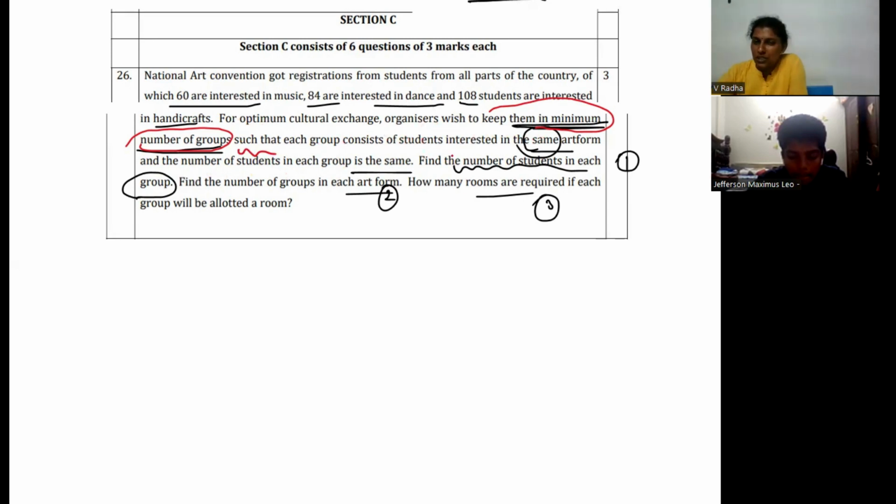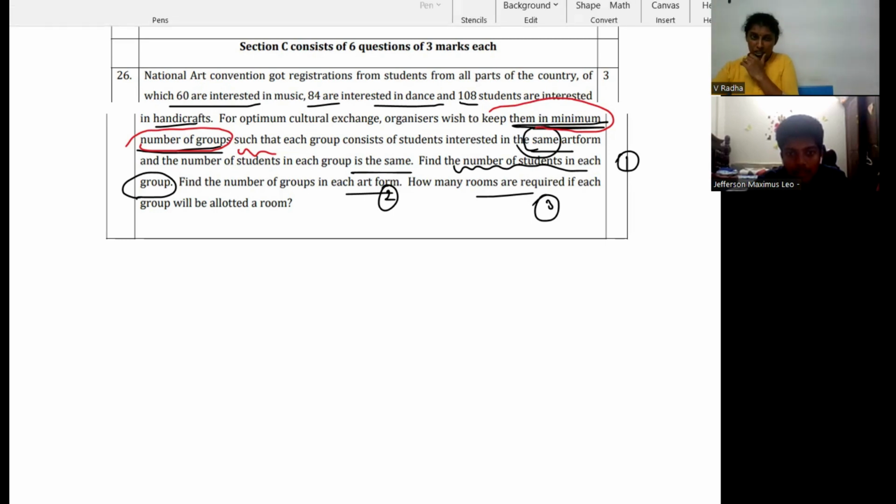Each group consists of students interested in the same art form. So when we divide the groups, the members in a group must be of the same category. And find the number of students in each group. The next question is how many rooms they allot. So what we have to conclude here is LCM or HCF. It's a first lesson question. We have to find HCF. Yes, very good.